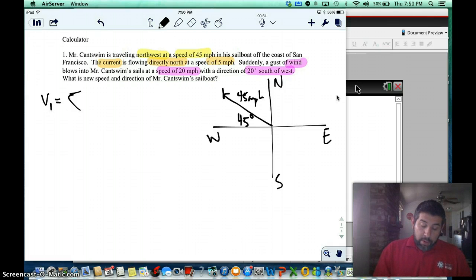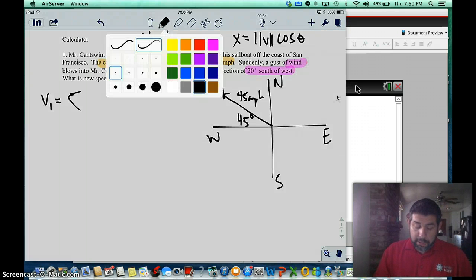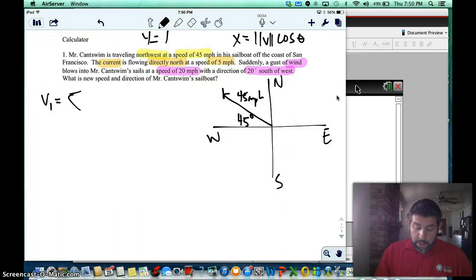So our components for this, our x and y components, are going to be the same thing. It's always going to be x is the magnitude of the vector times the cosine of theta, and y is the magnitude of the vector, v, times the sine of theta. So let's go ahead and put those in there.